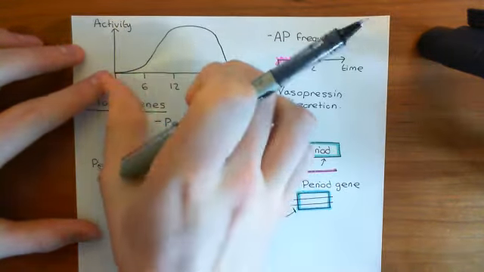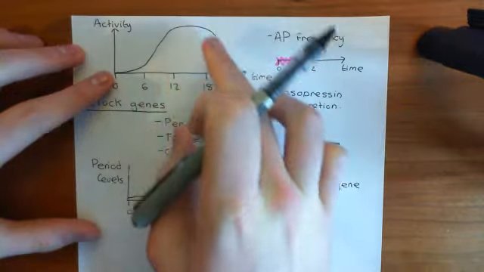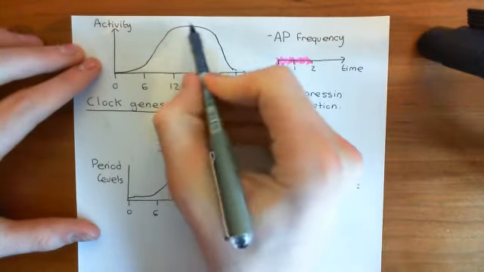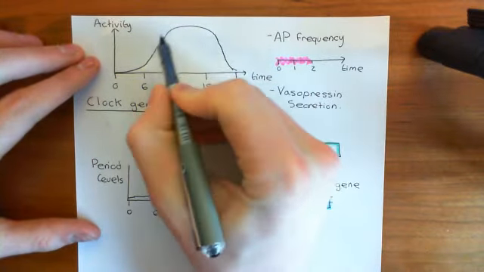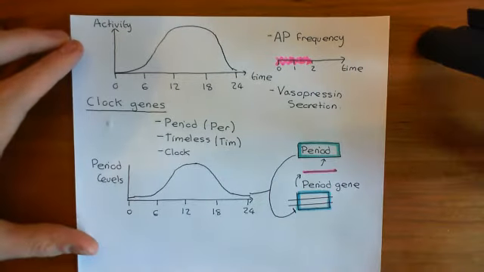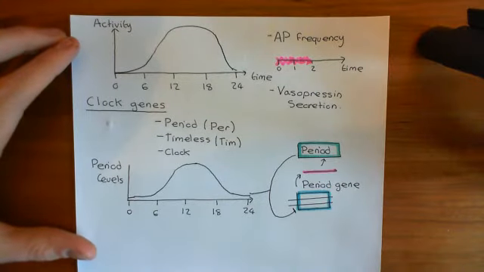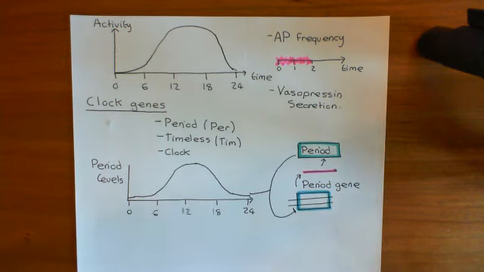We can change when this clock is actually going to be giving the spike in activity. And we want to look at the mechanism by which light stimuli from the external world, which indicates the time in the external world, can influence the suprachiasmatic nucleus's timekeeping. But we'll look at that in the next video.